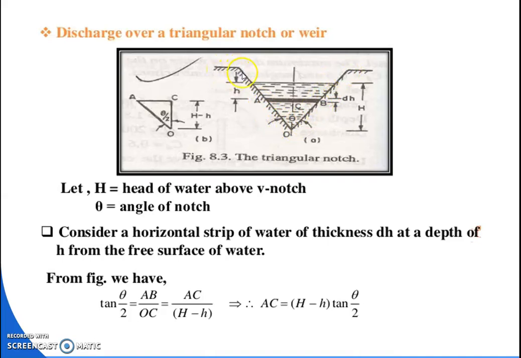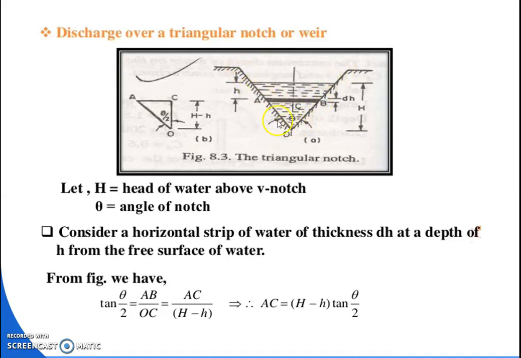As shown in the figure, we have the front view of a triangular notch or weir. This is the surface of the triangular weir. Now we can see there are two lines making an angle of theta. The two lines are known as the two surfaces.